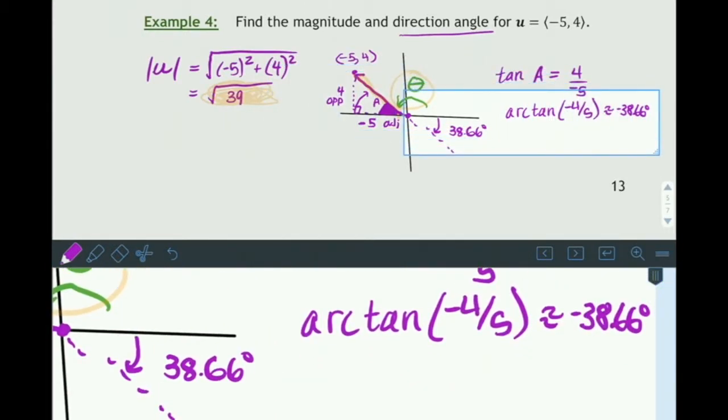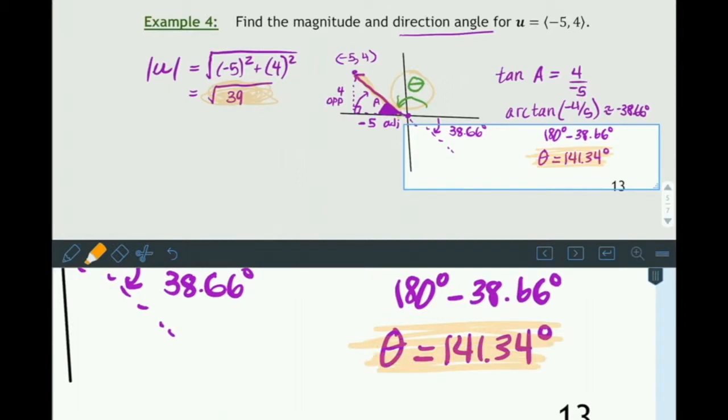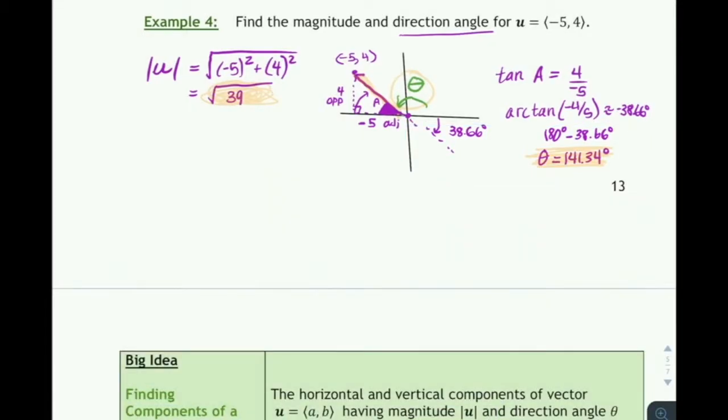So you could do 180 minus 38.66 degrees to get your direction angle, which gives you 141.34 degrees. So there's your direction angle and your magnitude for your vector.